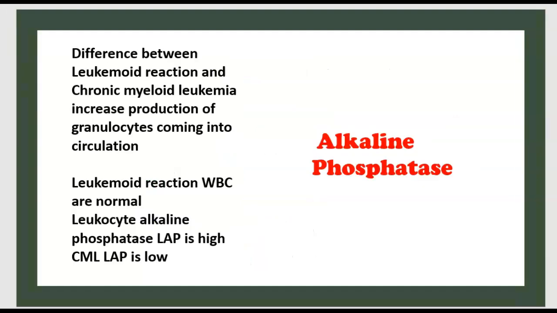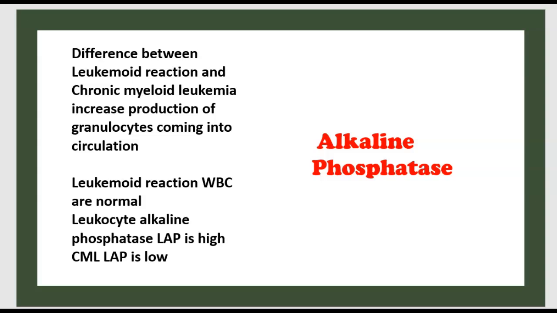To make the difference between leukemoid reaction and chronic myeloid leukemia: in both there is an increased production of granulocytes coming into the circulation. But the way to tell them apart is leukocyte alkaline phosphatase.